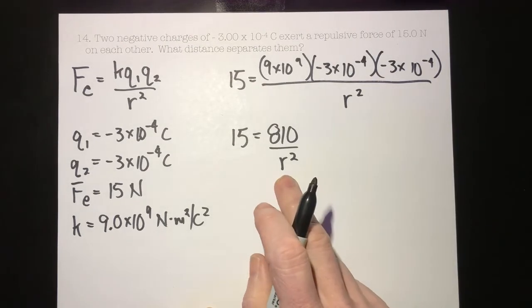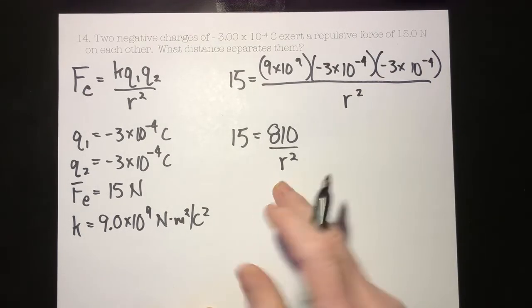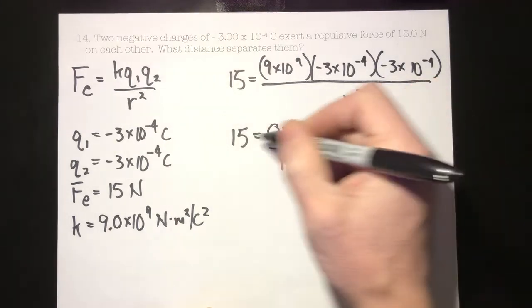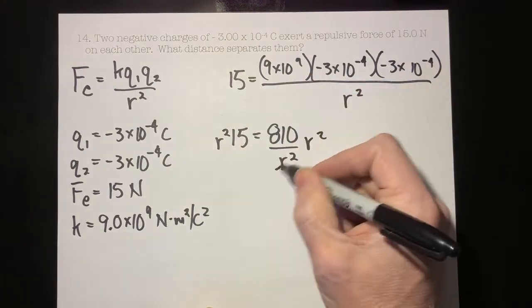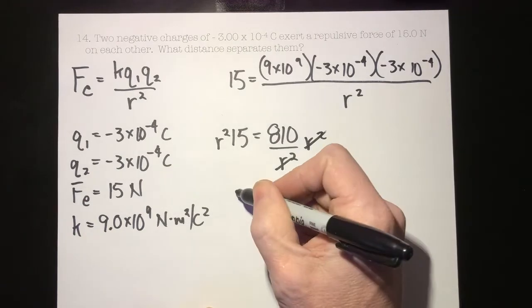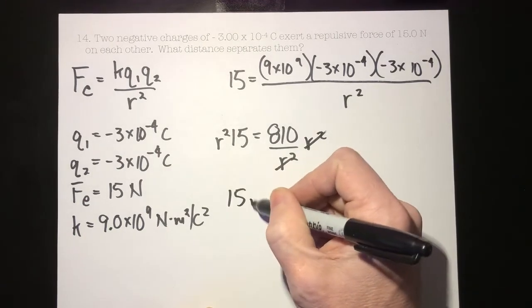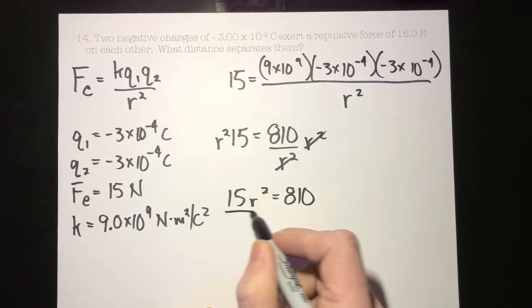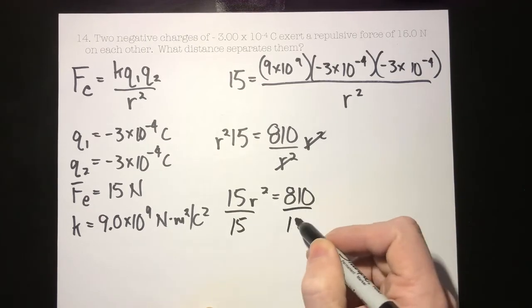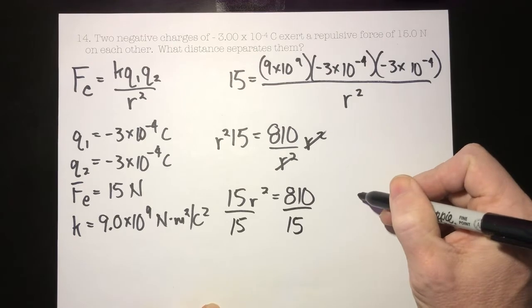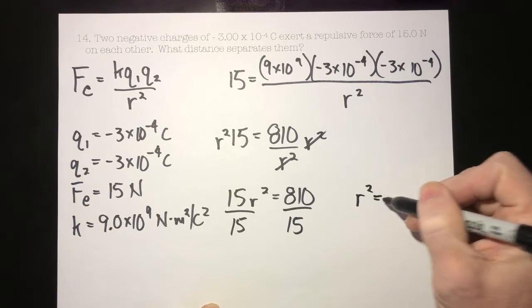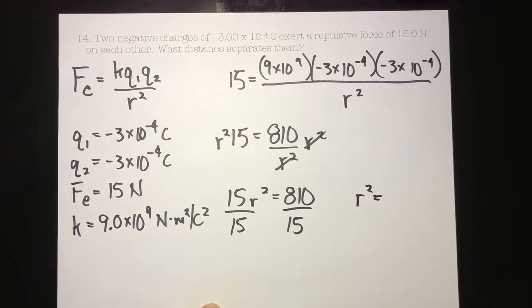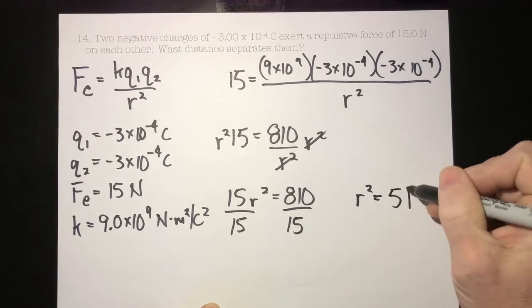And I'm trying to solve for r, so I need to get r out of the denominator, so I multiply by r squared on both sides. And r squared cancels, and then I get 15r squared equals 810. Divide by 15 on both sides, and then I get r squared equals 54.